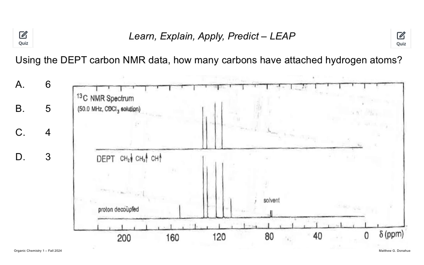So we answered this one. It was 4. Again, these ones at the end with the X's on them have no attached hydrogens. Those are 4 CH groups where that carbon is sp2 hybridized.